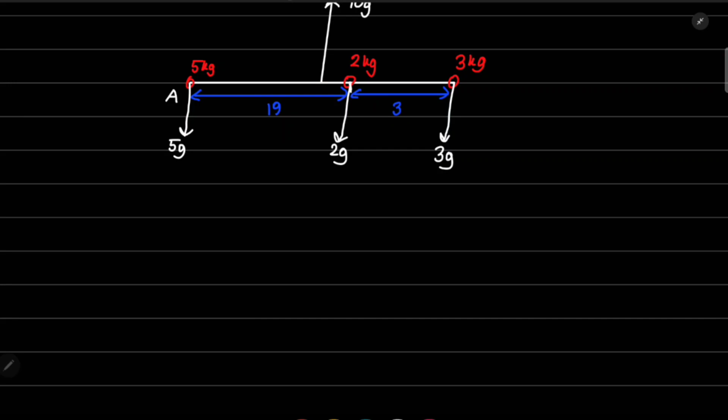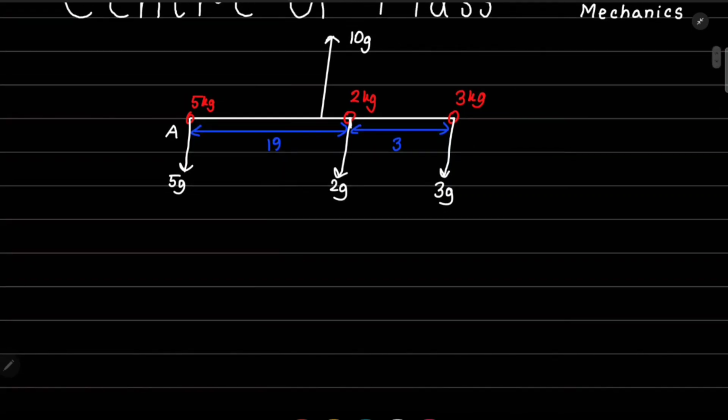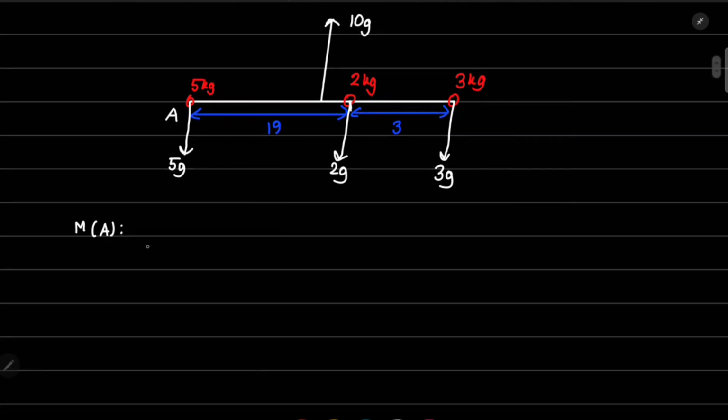So we can consider moments about any point. We can do it about A. In this case, clockwise moment will be equal to anti-clockwise moment. The weights give a clockwise moment, while this gives an anti-clockwise moment.